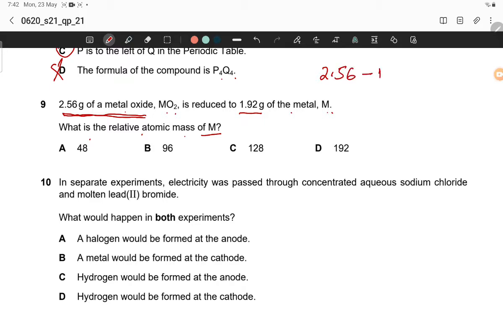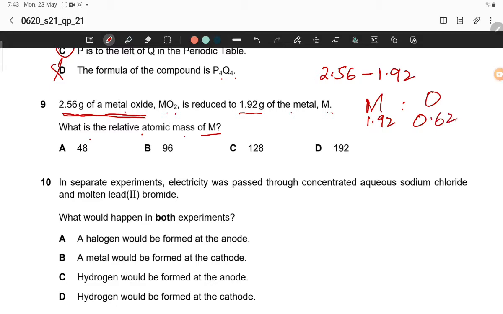2.56 minus 1.92, this is equal to 0.64. So oxygen is 0.64 and M is 1.92.